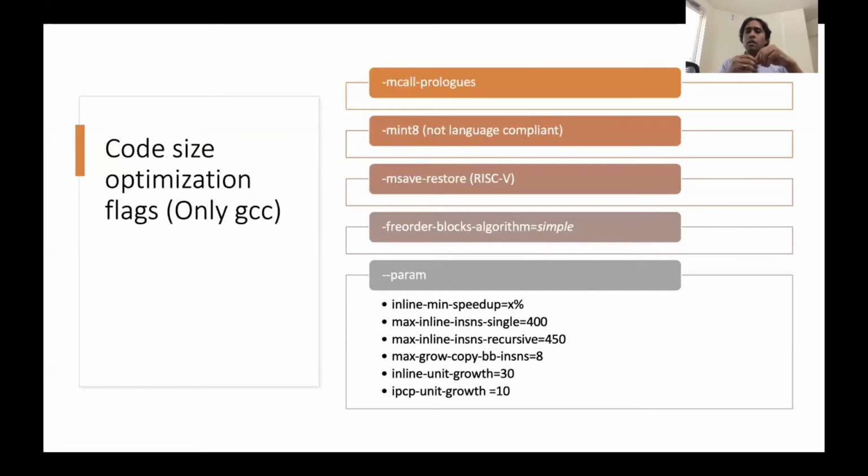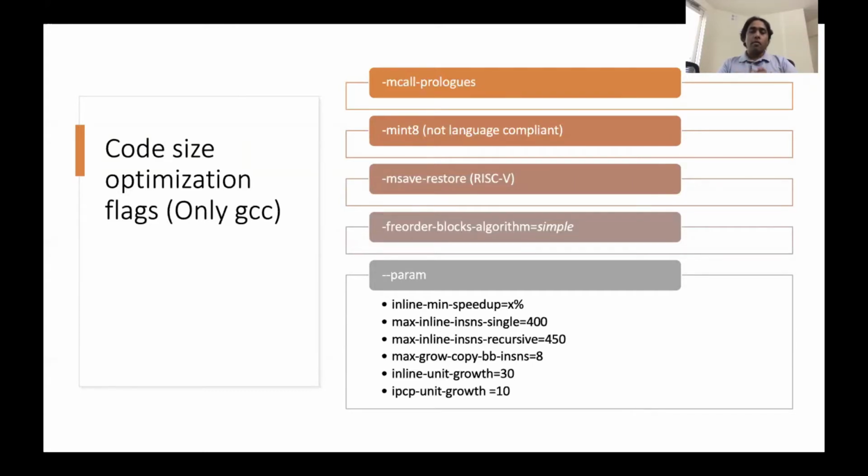Those instructions are mostly for saving some registers, which are called the callee-saved registers, and then at the end they restore those, basically load them again, so that the caller, the parent function, can use those registers as if they were never changed.